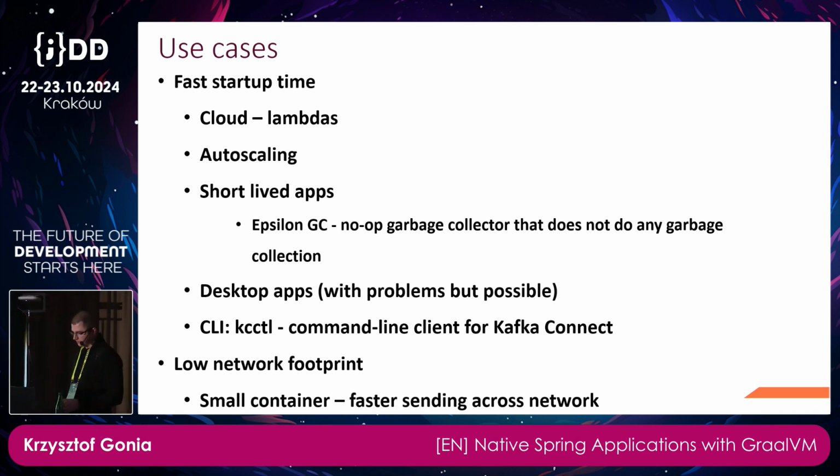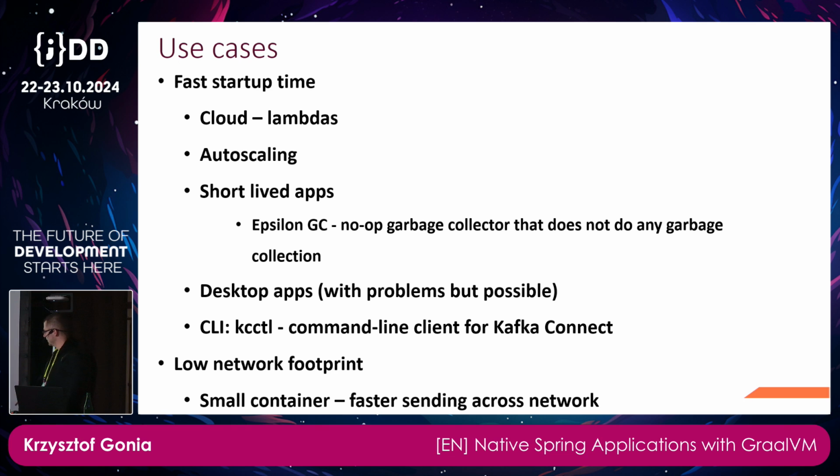Desktop apps, with problems, but possible. Nowadays Java is not popular for desktop apps, but now you can just ship the exec files, so no need to install the whole JVM on someone's machine to run your app. And also CLIs, it's nice because you can build CLIs that will start up fast.